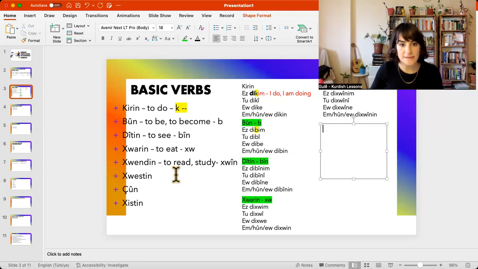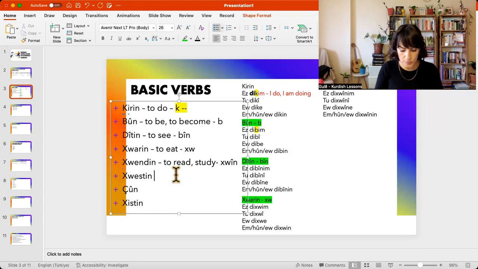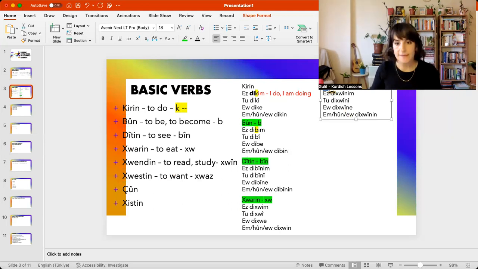The next verb is xwestin, to want, and the stem is xwaz.